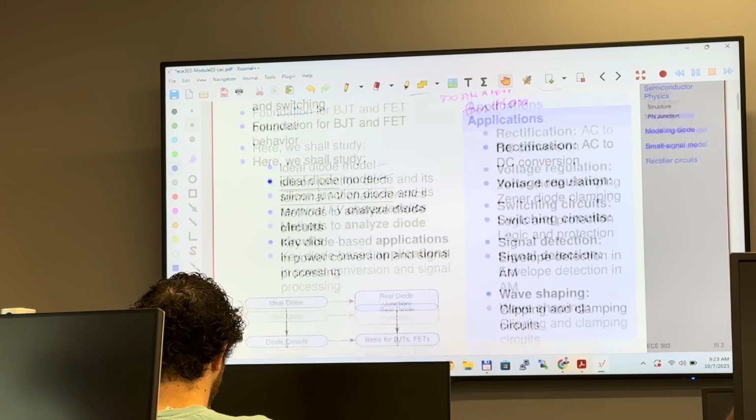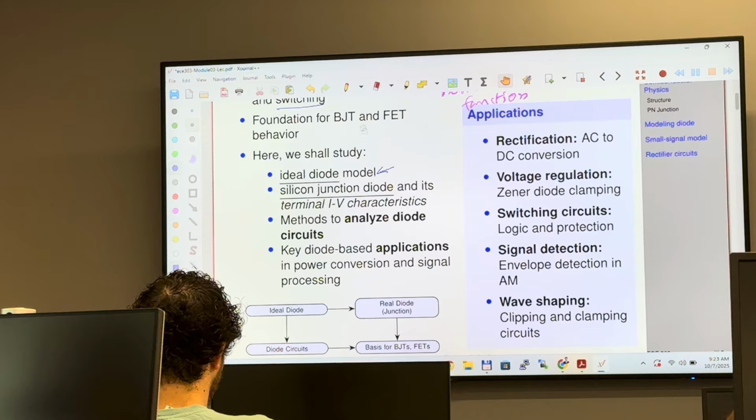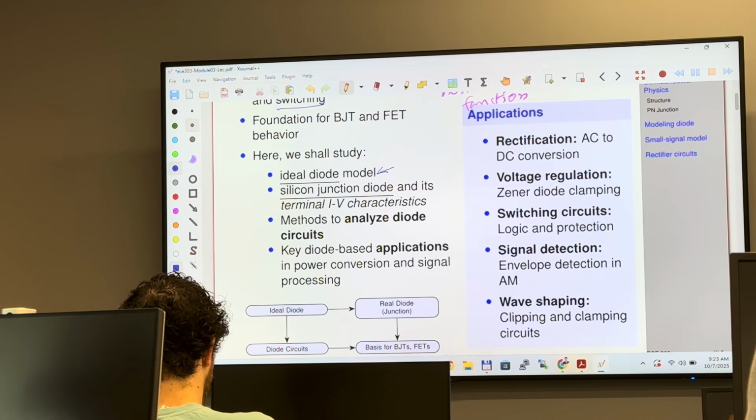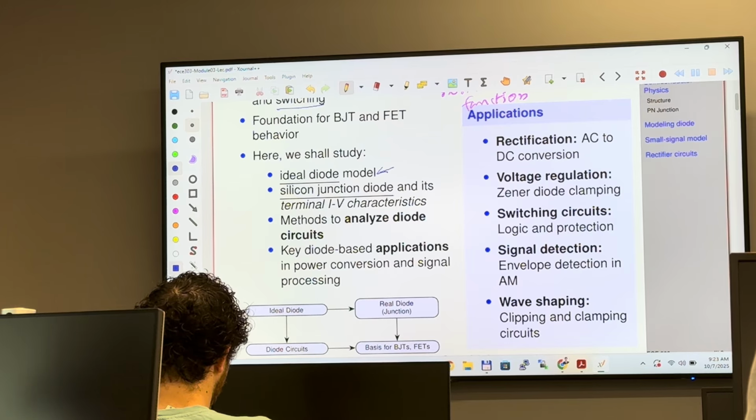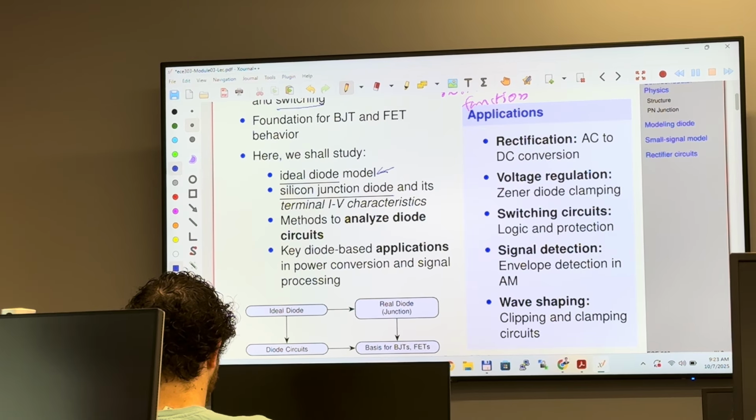I'm not going to read my slides, but here is a bunch of applications that you have. You must have heard about voltage regulation. Voltage regulator, the 5-volt voltage regulator that you see. Also, you have a DC voltage regulator, you plug it in, for example, in AC, and you get a constant DC signal.